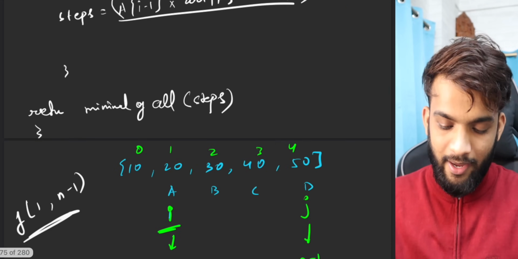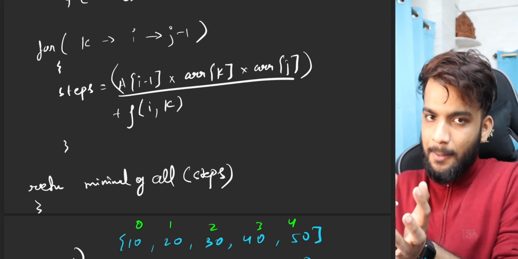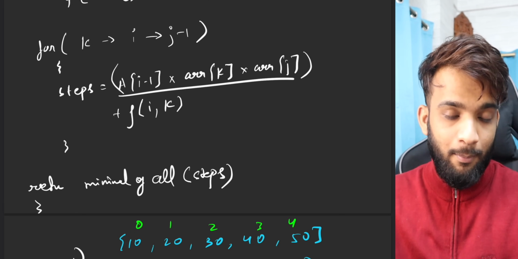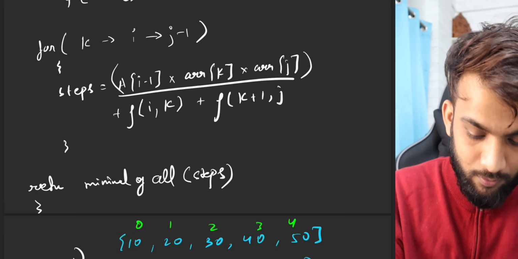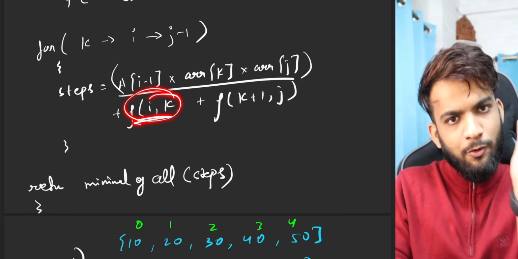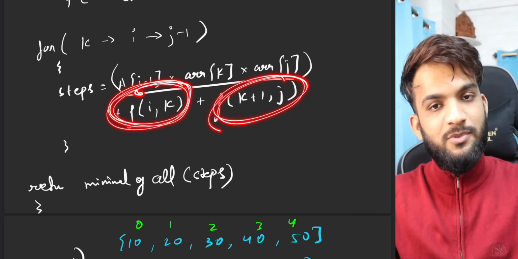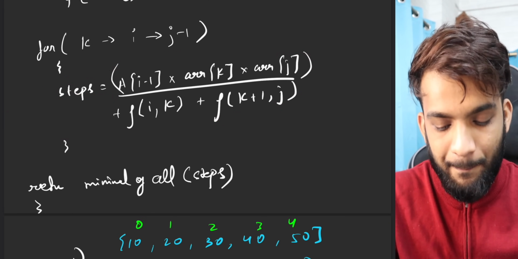The i comma k part will take some steps, let the function give me that, because I want the minimal number. The k plus 1 comma j part will also take some steps, give me the minimal. The left part gives the minimal steps, the right part gives the minimal steps, and these will be the steps if I do a partition on k.